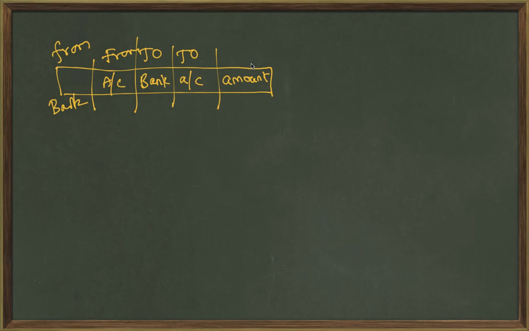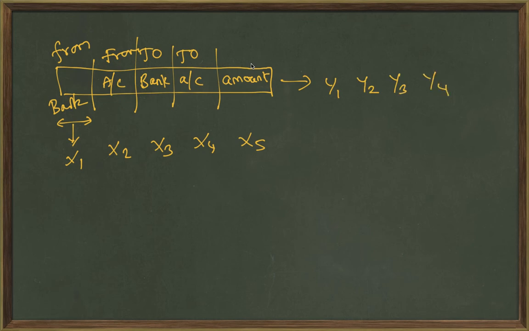Let's for the time being assume each of these columns is one block. So this is block 1, block 2, block 3, block 4, and block 5. After encryption, you will get y1, y2, y3, y4, y5. Now I am the attacker.